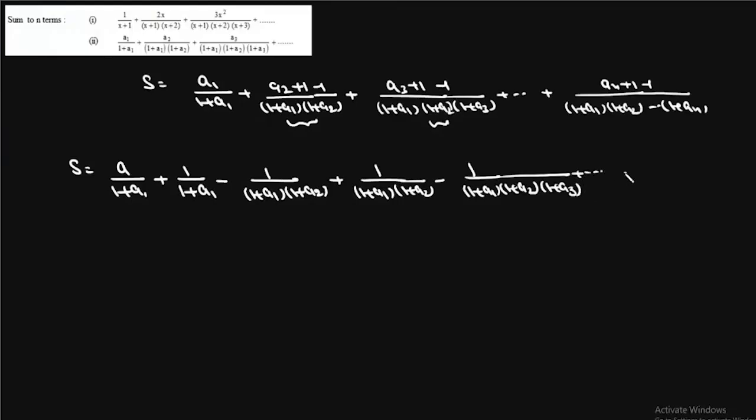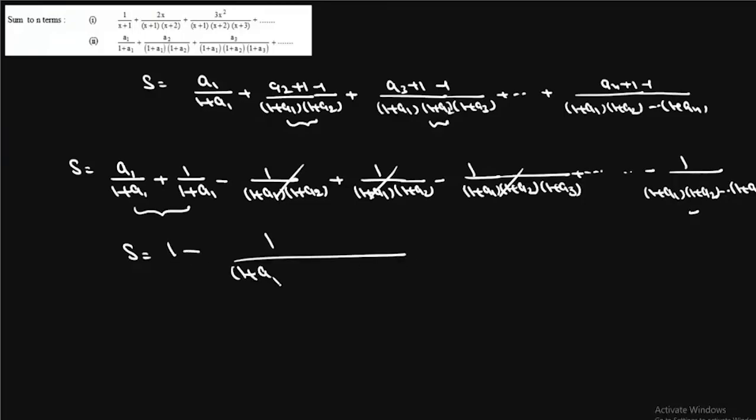I'll continue, and in the end we'll have minus 1 upon 1 plus a1, 1 plus a2 up to 1 plus an. Now all these successive terms will cancel. So what we'll get is these first two terms and this last term. Now a1 plus 1 upon 1 plus a1 is 1. So this sum will be 1 minus 1 upon 1 plus a1 into 1 plus a2 up to 1 plus an. And that is the answer to this question.